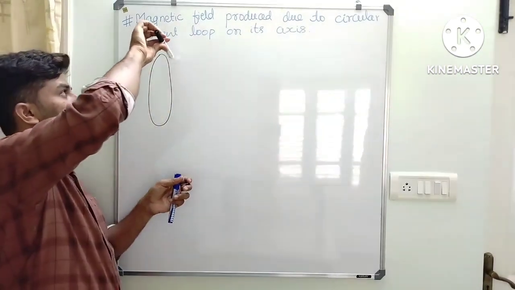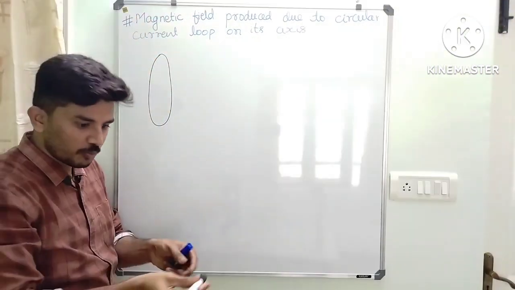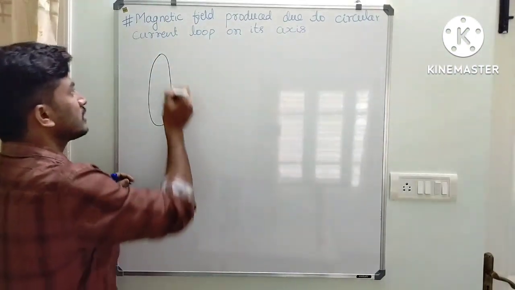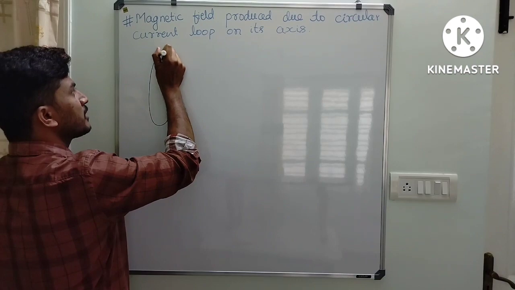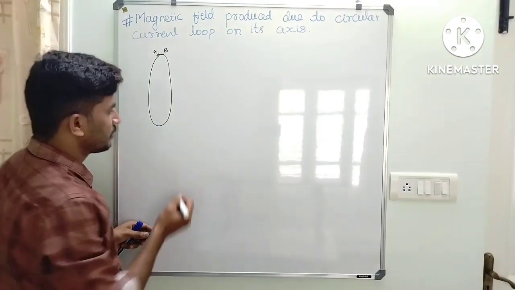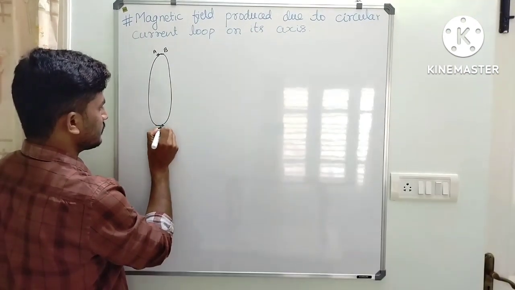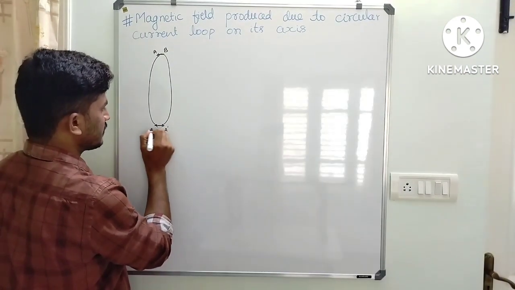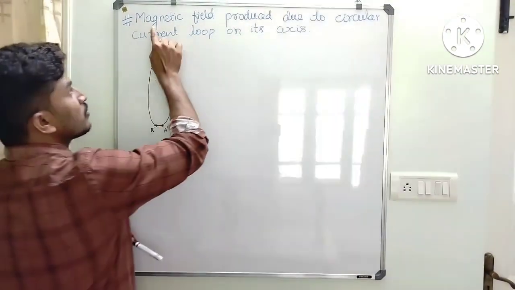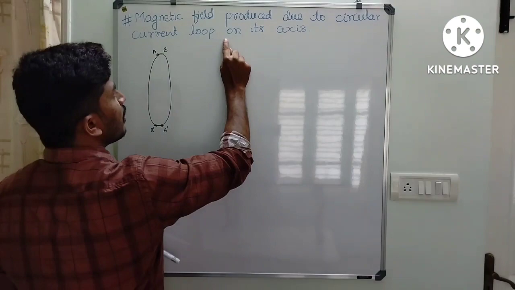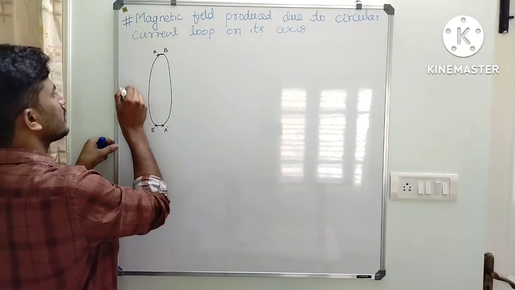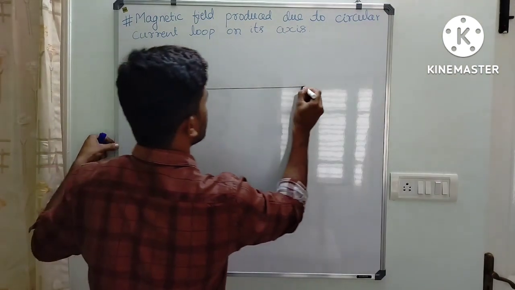Then I am going to consider a current element here, AB, and one more current element here, A dash, B dash. And we need to find out the magnetic field on its axis. Let me consider the axis. The axis will be like this.